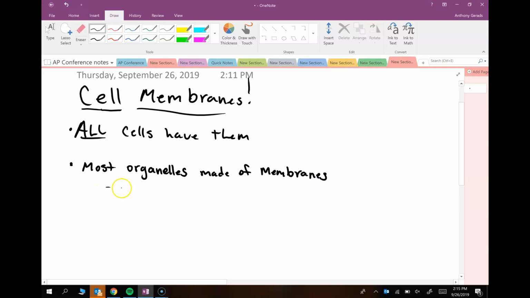There's two special ones. The mitochondria and the chloroplasts have two.